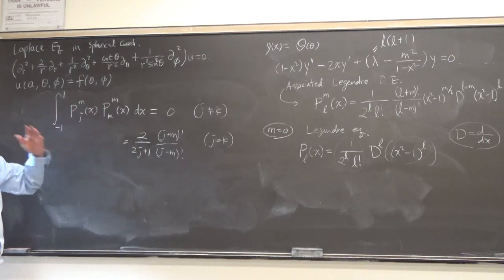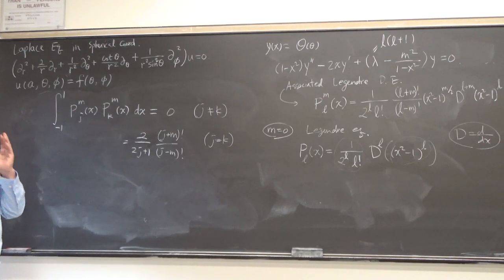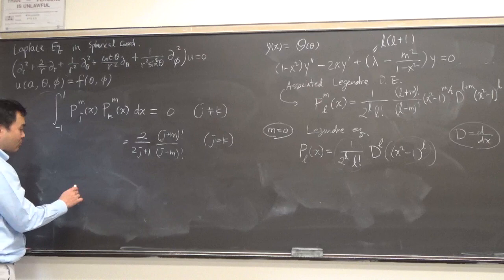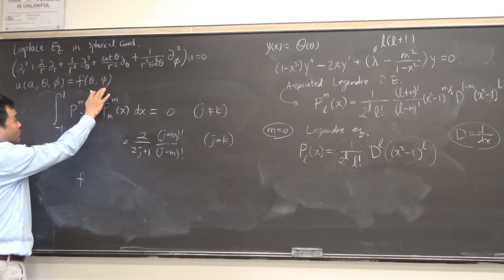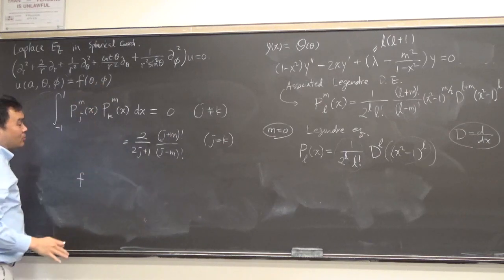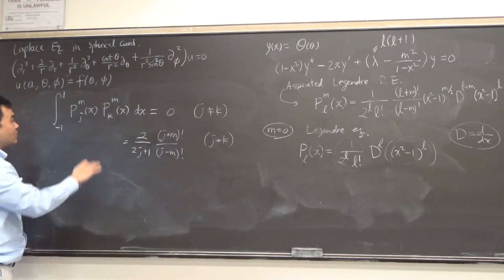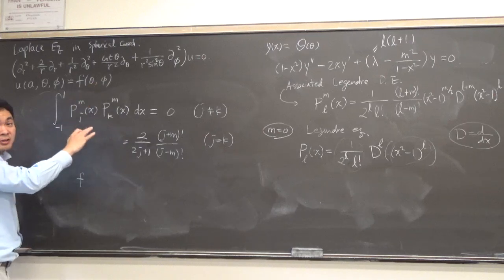And this is crucial for being able to represent any other function. So if you have any f of theta, phi, and x is really cosine of theta, right?